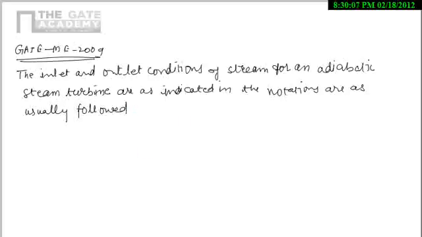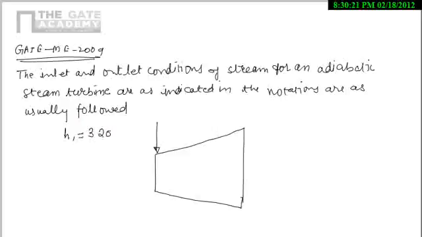So now I am drawing the diagram. That is a typical turbine block diagram. Here at the inlet, I am giving the inlet properties: enthalpy 3200 kilojoule per kg, velocity 160 meter per second, Z1 10 meter, pressure 3 megapascal.